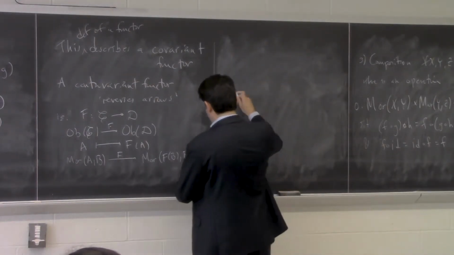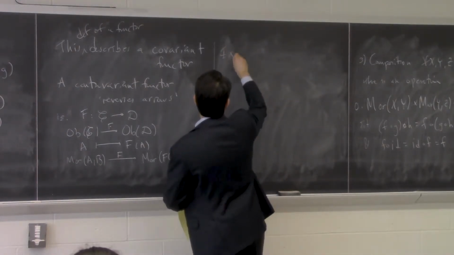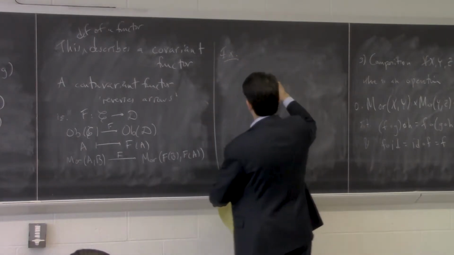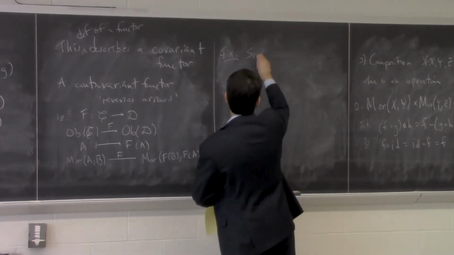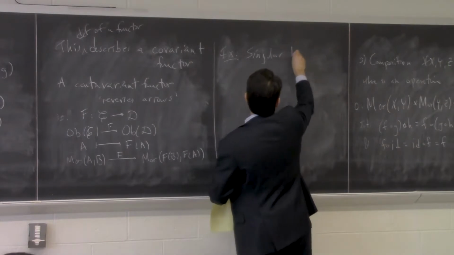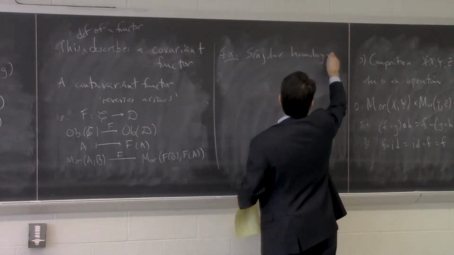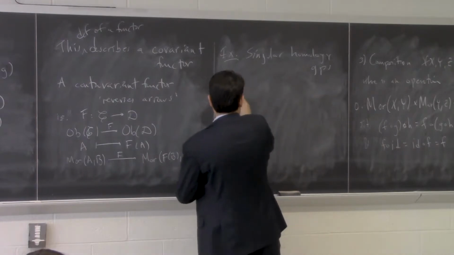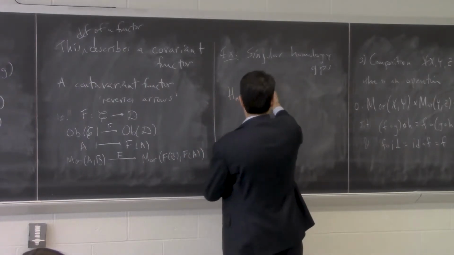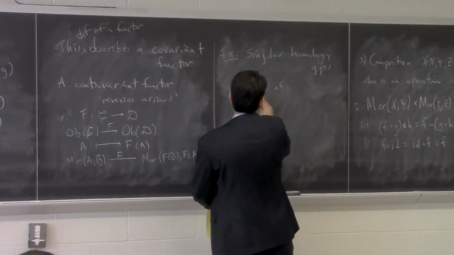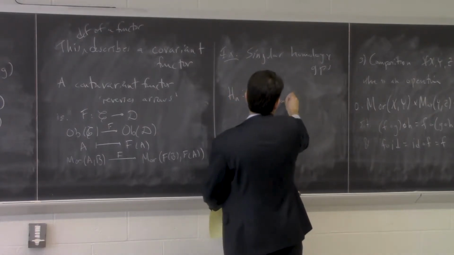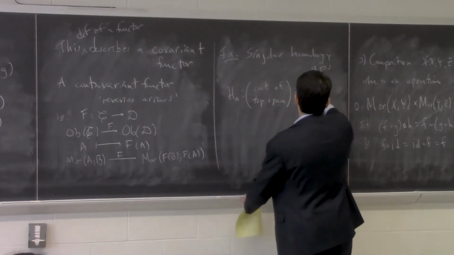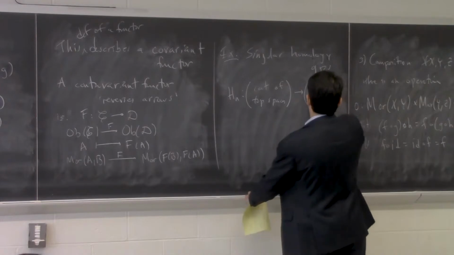Okay, so indeed, examples of functors. We have singular homology groups. Let's write it like this: Hn from the category of topological spaces to the category of abelian groups.